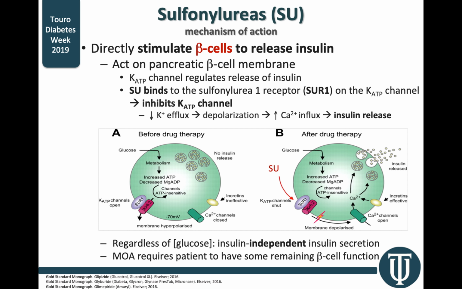So once the vesicle is fused with the cell membrane, then we will see a release of insulin. So this process is independent of the glucose level. That means it doesn't matter how high or how low the glucose level is, insulin is still being produced.